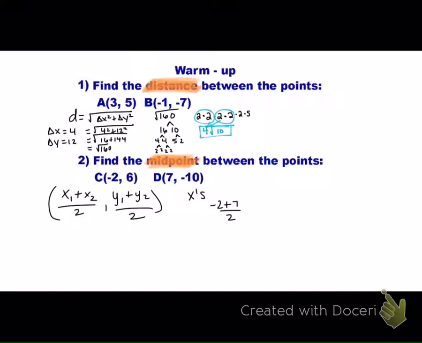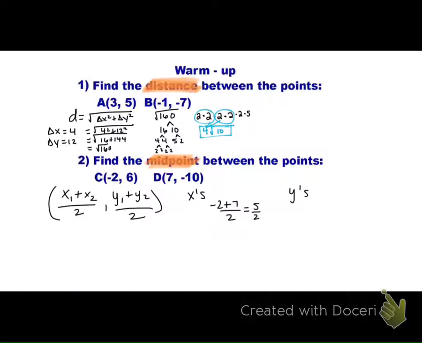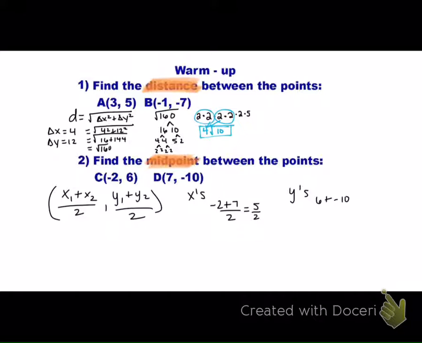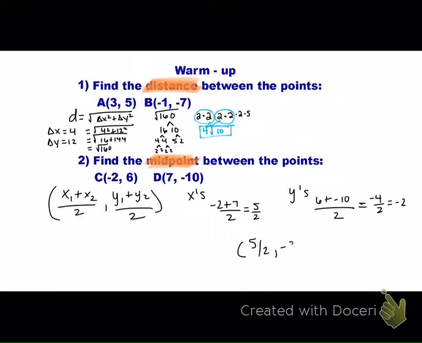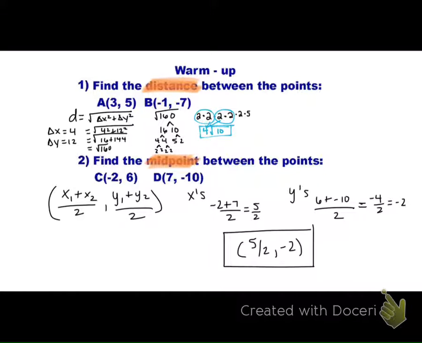Good. So I'm just going to leave it as 5 over 2. Paige, what do I do to find the y's? You add 6 and -10 and then divide by 2. Brandon, how do I write that up as an answer then? 5/2, -2. Perfect. All right.